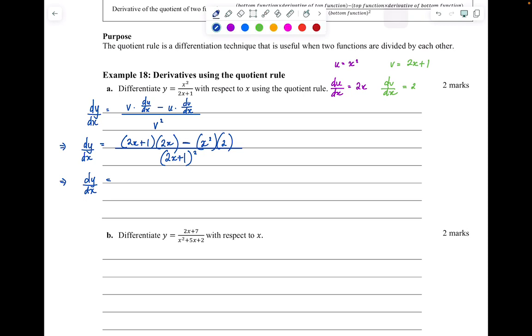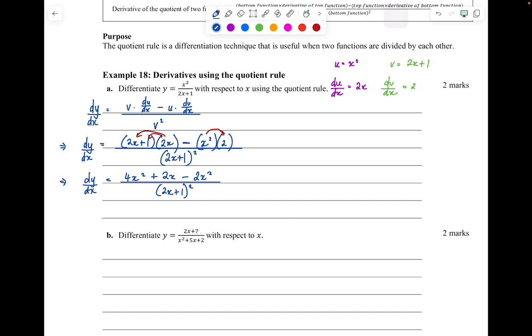So we've got 2x times the 2x, and we're going to expand this like so. 2x times 2x is 4x squared, plus 2x, and then we've got the minus 2x squared there, all over 2x plus 1 all squared.